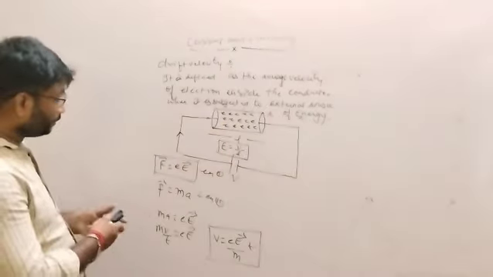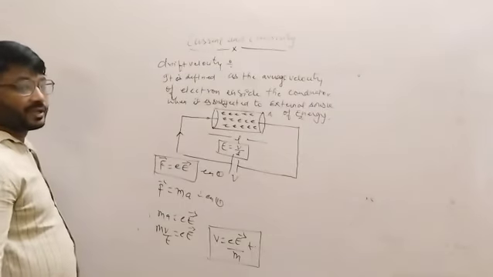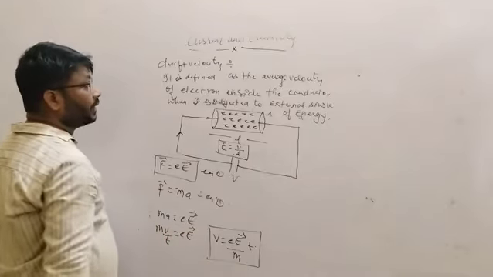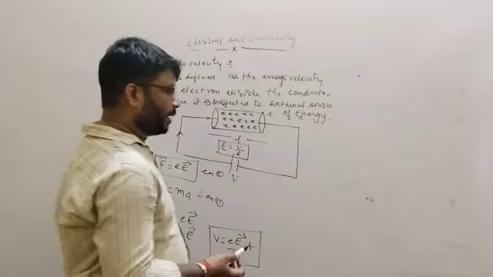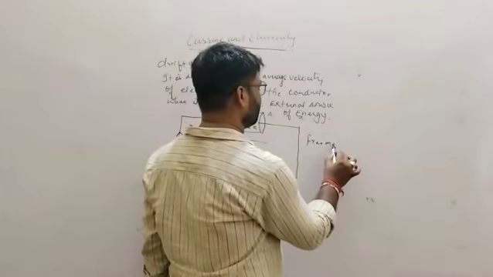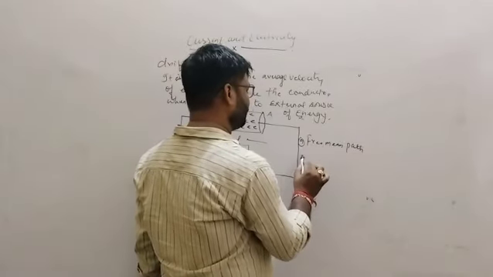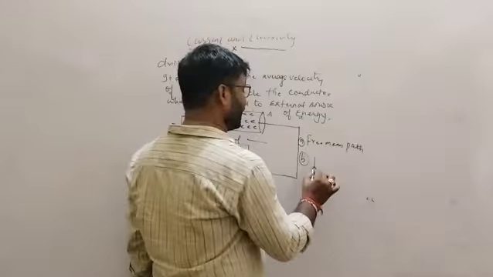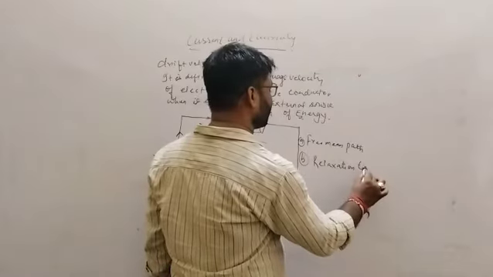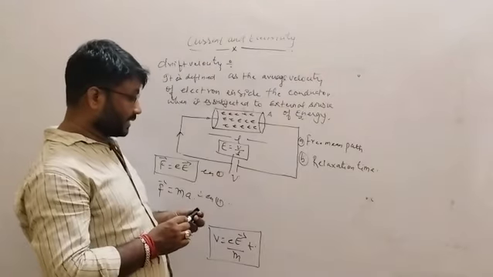So we will see certain terms used in the case of this average velocity, which we call drift velocity. Generally we define the free mean path and, second, relaxation time. So these two terms came.